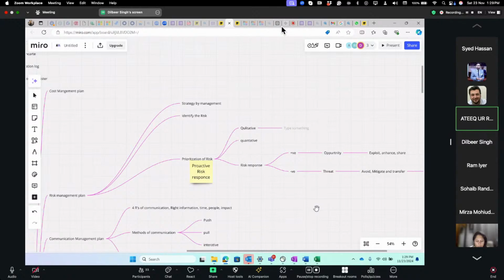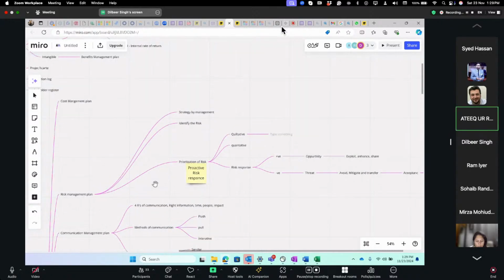Next we have prioritization of risk. First, we forgot to mention there are types of risk. For example, an organization can be risk seeker, risk aware, or risk neutral, and then there is a term known as risk threshold. Then we prioritize the risk based on qualitative and quantitative techniques.